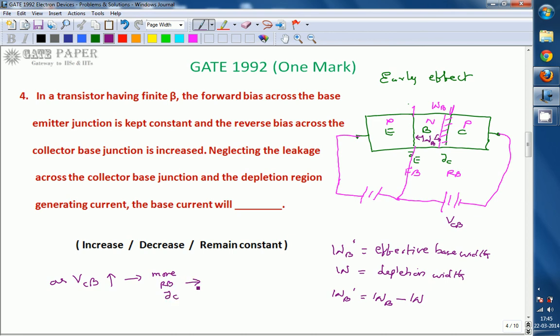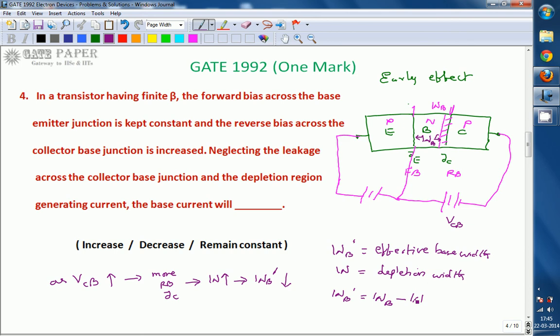Because of that, W, the potential barrier width, increases, and it increases into the base side because it is lightly doped. So the effective base width, WB dash, gets reduced. WB dash is WB minus W. WB is constant. W is the depletion region, which depends on VCB.